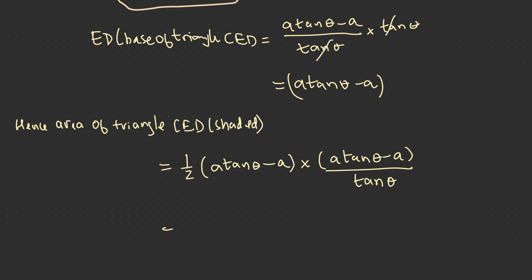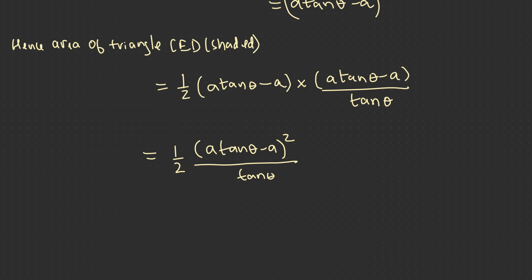So then I get this as half times A tan theta minus A whole square over tan theta.